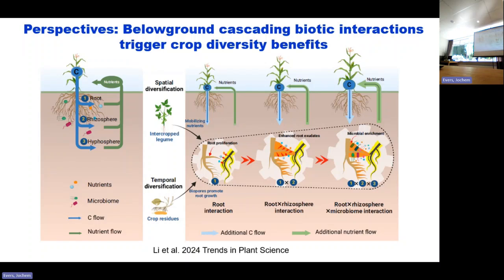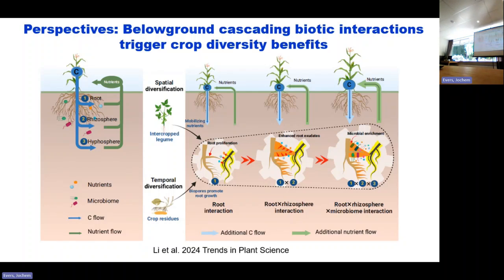The below-ground interaction is very complicated, and we want to decipher it and propose this systematic perspective.